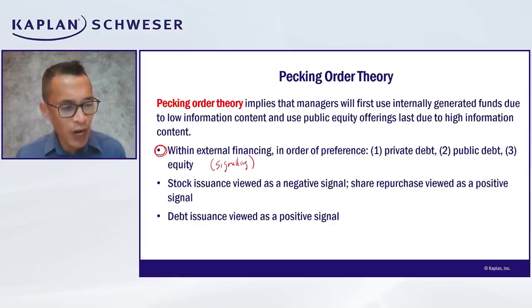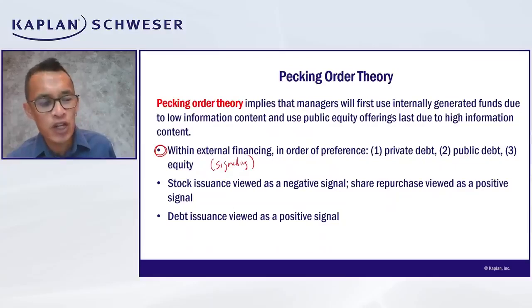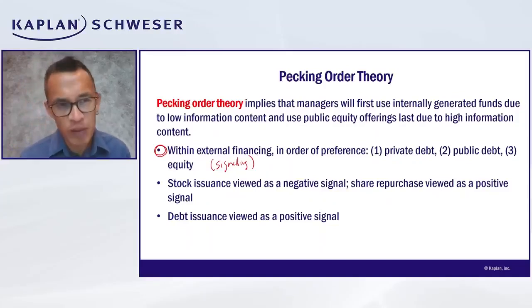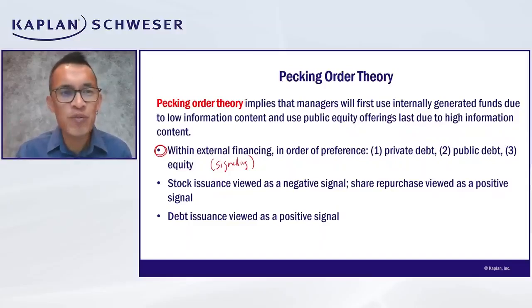Okay, the issuance of debt commits the company to future principal and interest payments, which along with recurring dividends may be interpreted as a sign of management confidence in the company's future ability to make such payments. Okay, so I was really trying to elaborate on each of these three points on pecking order theory.